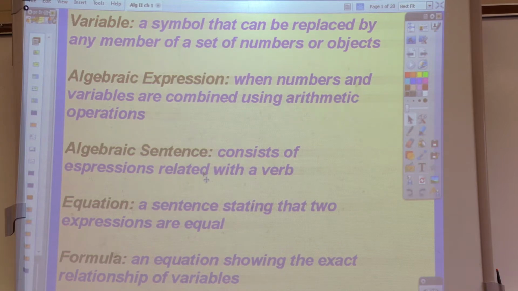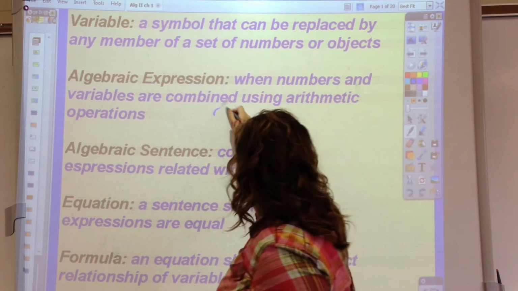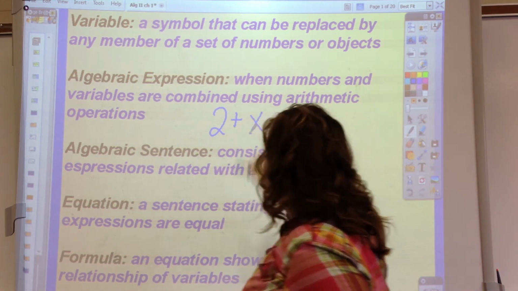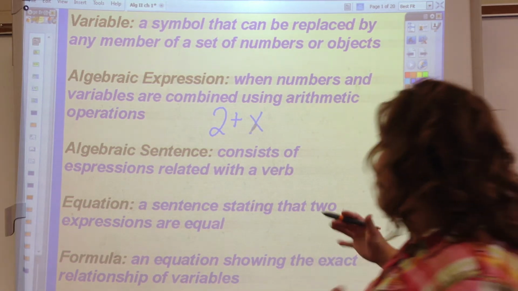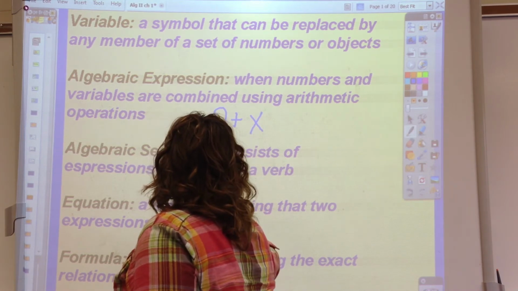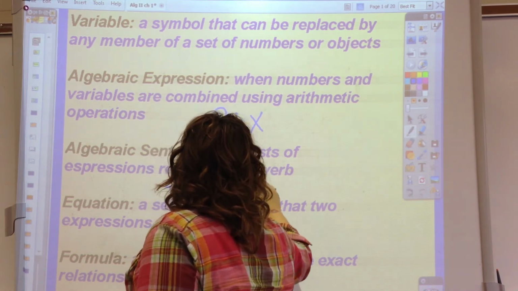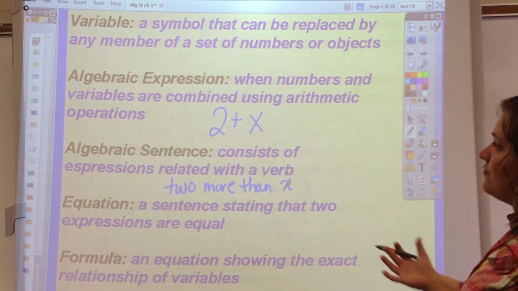And some good examples of these for an algebraic expression, a nice example might be 2 plus x. For an algebraic sentence, I might say 2 more than x. And then here I'm not quite done because I need a verb.